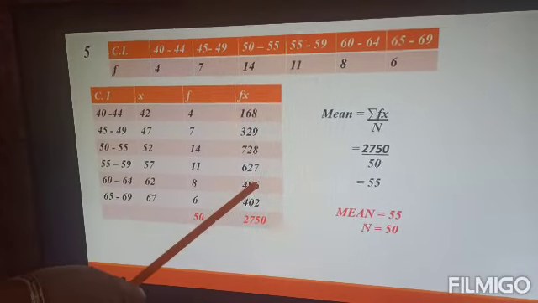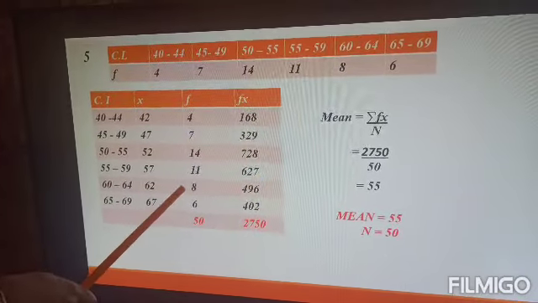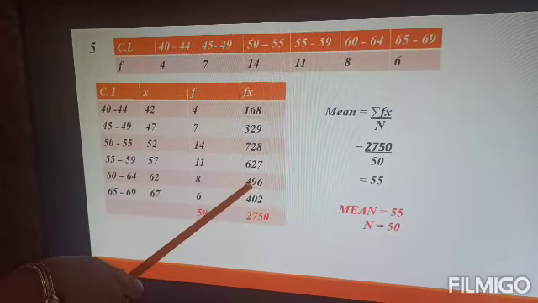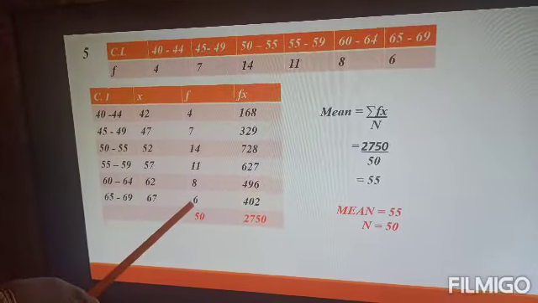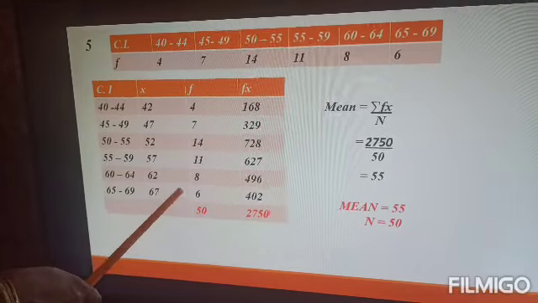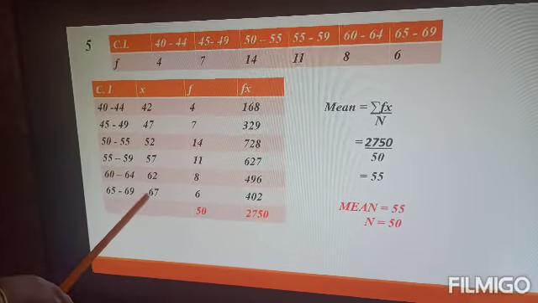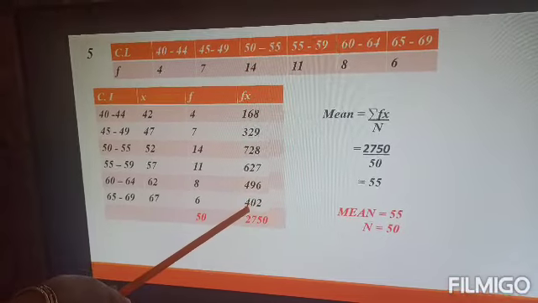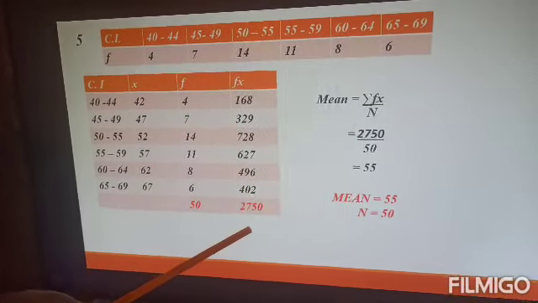Then 8 2s are 16, 1 carry, 8 6s are 48 plus 1, 49. 6 into 7, 6 7s are 42, 4 carry, 6 6s are 36 plus 4, 40. Now we got the fx column.